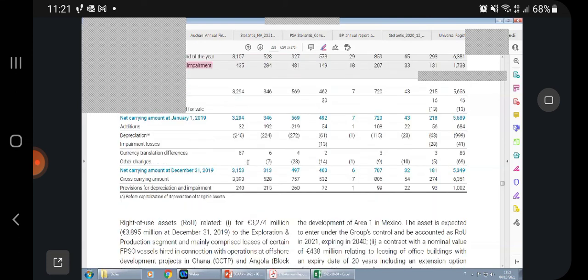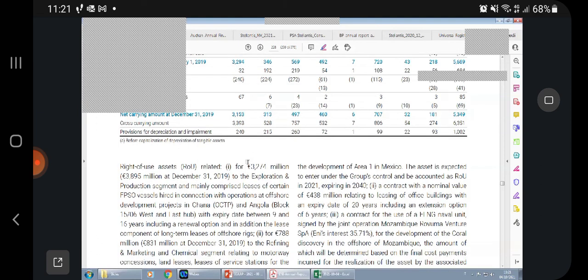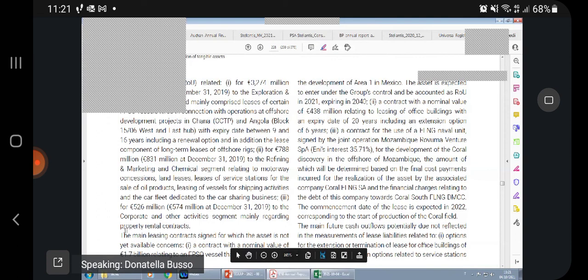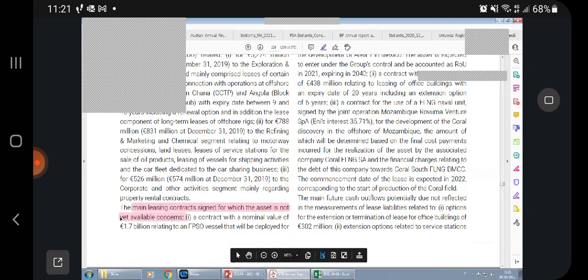And in the case of the contract for the vessel, as you can see here, there is another important information, because in 2020 E&I signed a contract for an asset that is not yet available at the end of 2020.